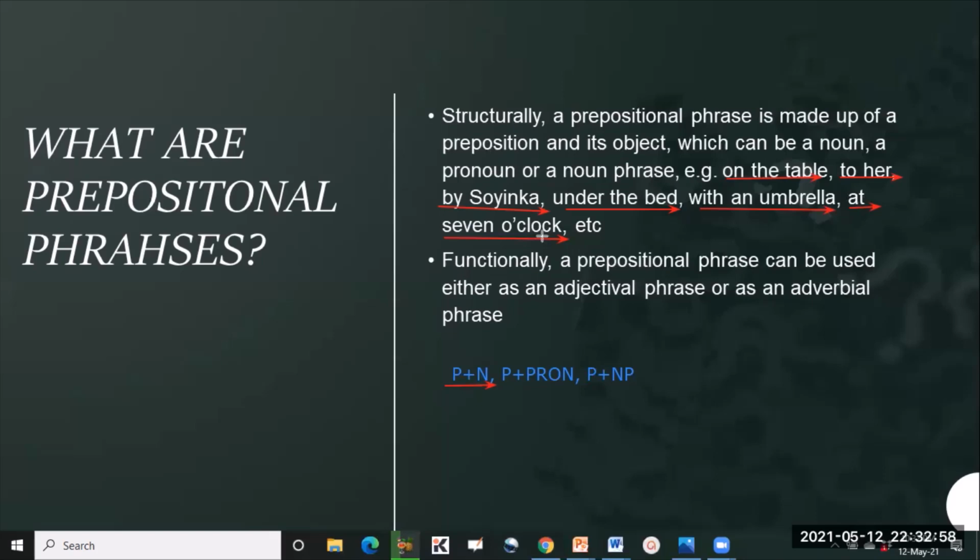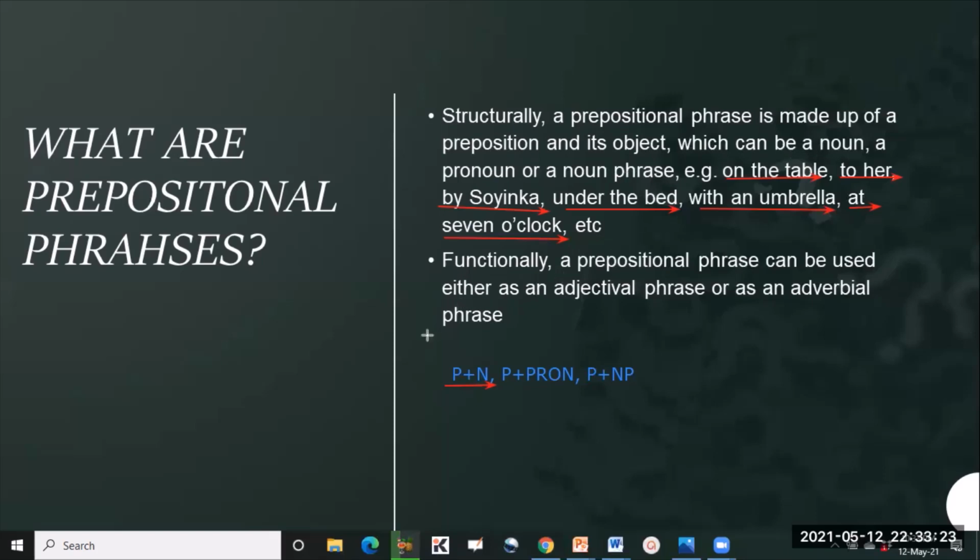So we have seen the structure, and we have already identified the combinations. That's the structure. It's made up of a preposition and its object, and the object of the preposition can be a noun, a pronoun, or a noun phrase.